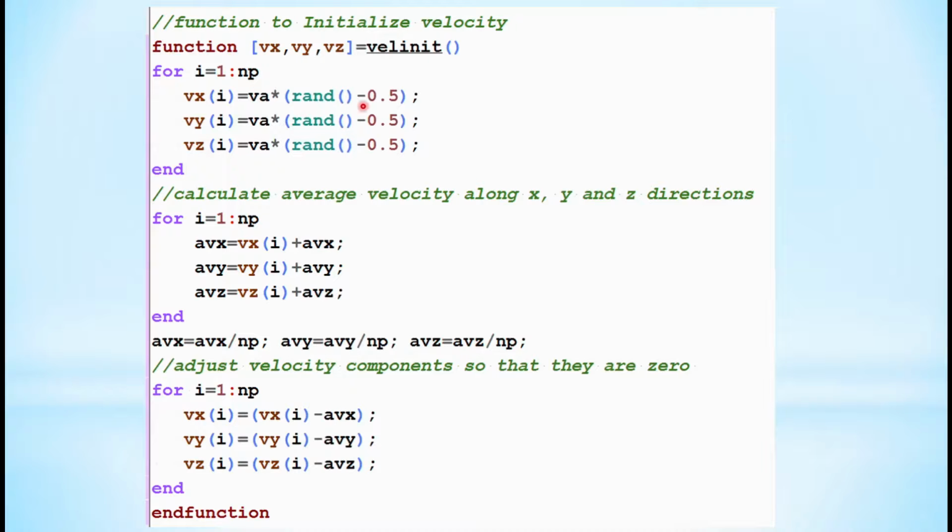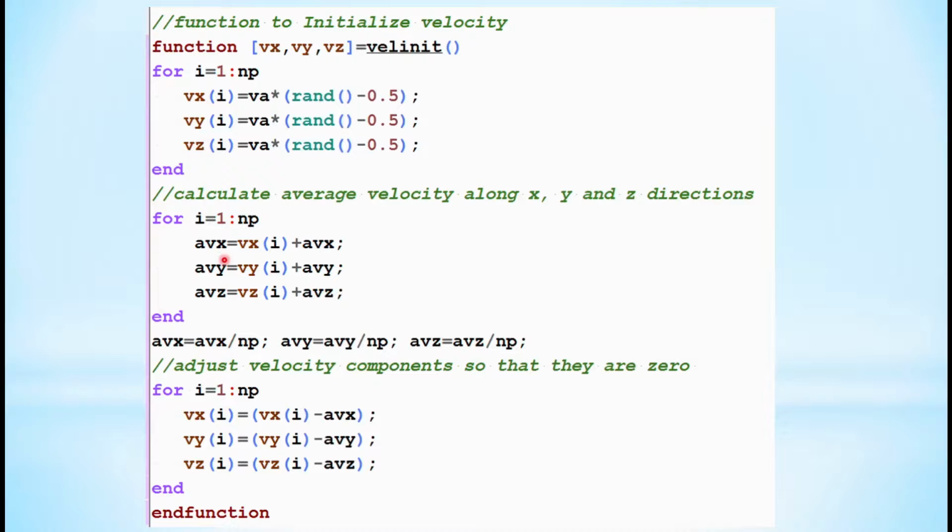Vxi is Va multiplied by rand minus 0.5. Va is the multiplier for the components of velocities, and this value of Va, as we have discussed earlier, is square root of 12. Similarly, Vy and Vz. Then we have to calculate the average velocity along the xyz directions. So we have used a for loop that will run from 1 to number of particles.